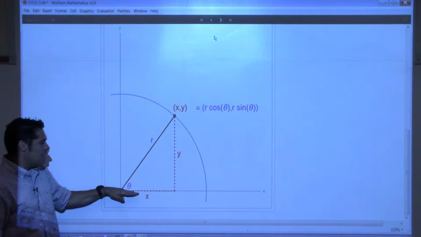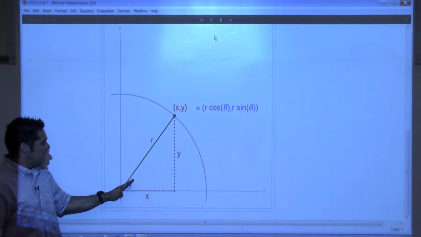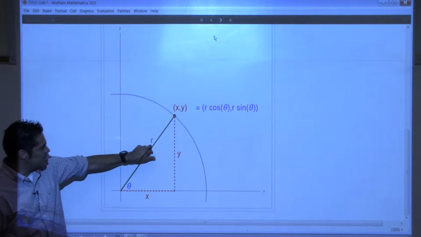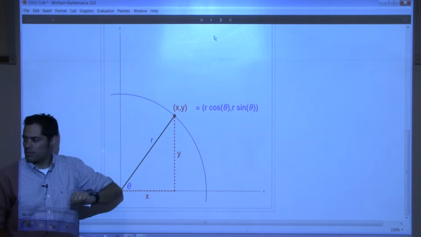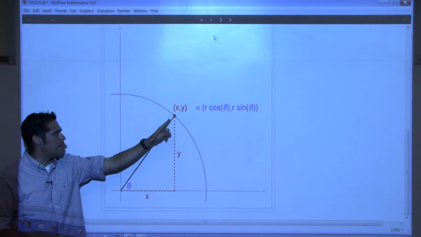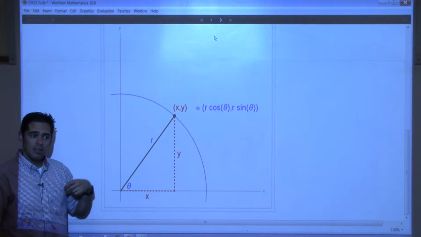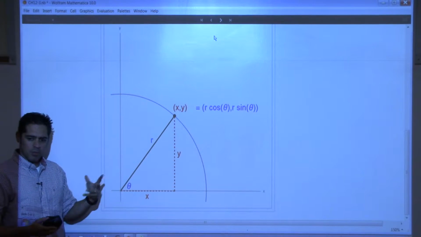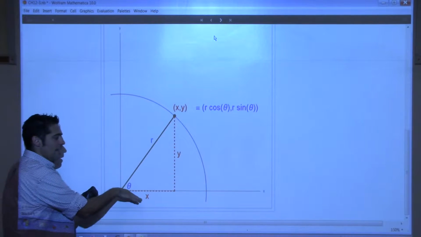So I tell you, turn by this angle, and you rotate, and then I say walk out a certain distance, which would be r, and that would take you to the same point x, y, wouldn't it? So there are 2 different ways we could get to that point: Cartesian x, y, or this other thing, which we call polar coordinates, which gives you an angle and a distance to walk.